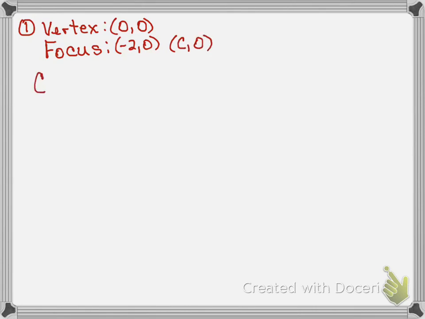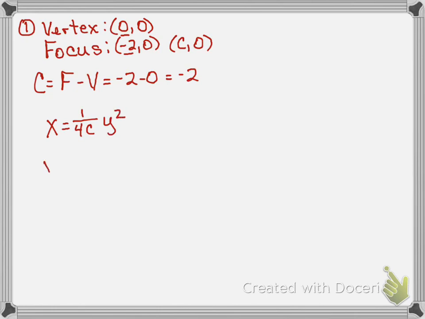Because the change is in the x, that focus is C, 0. Remember that to find C, we take the focus minus the vertex, the numbers that changed. So that is -2 minus 0, so C is -2.